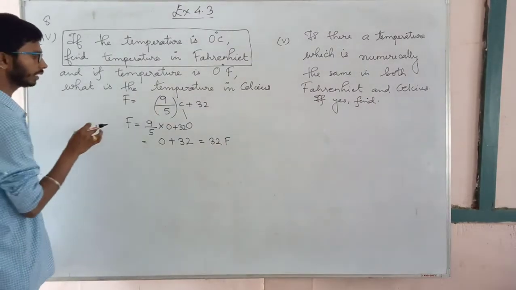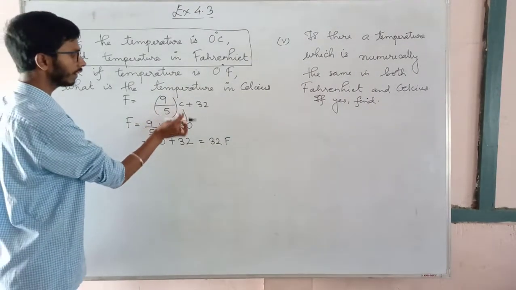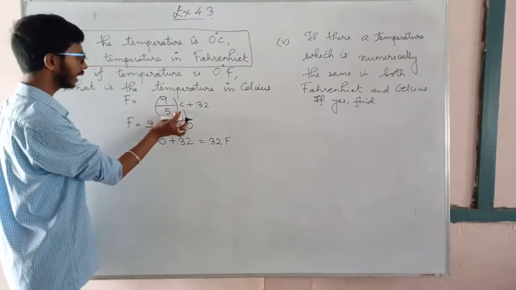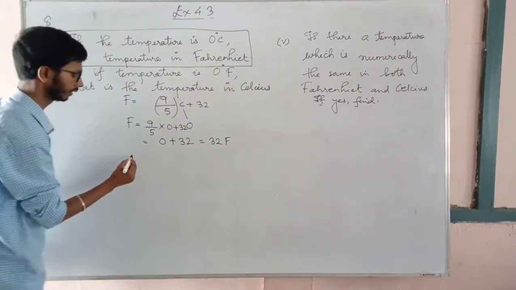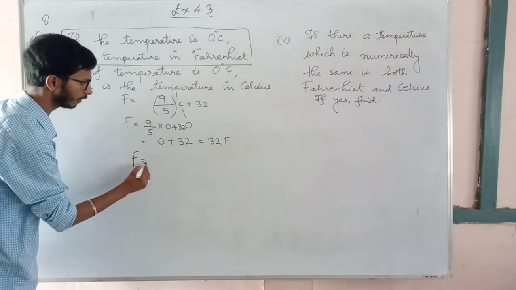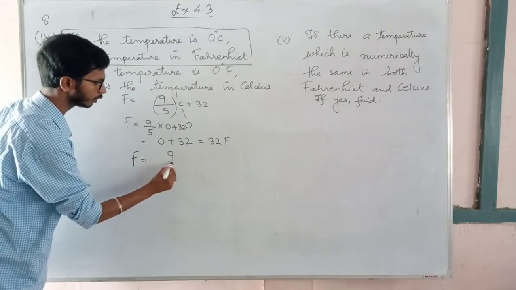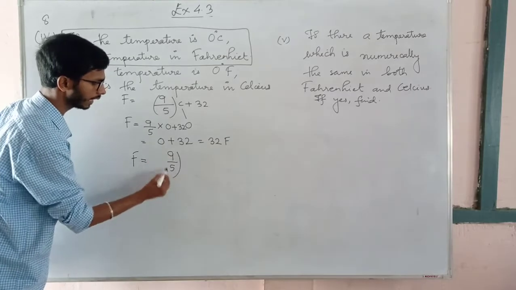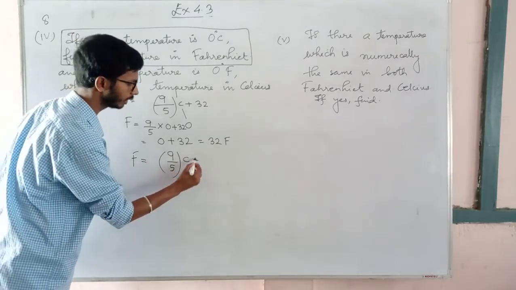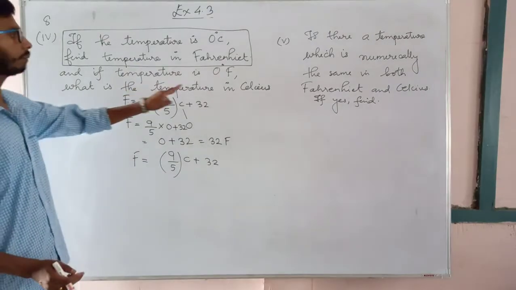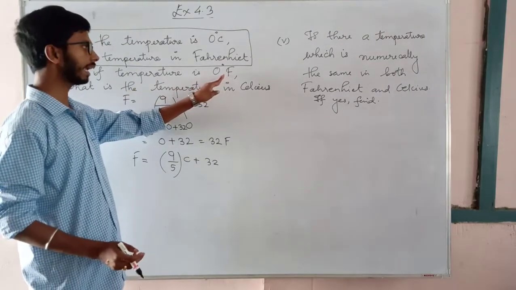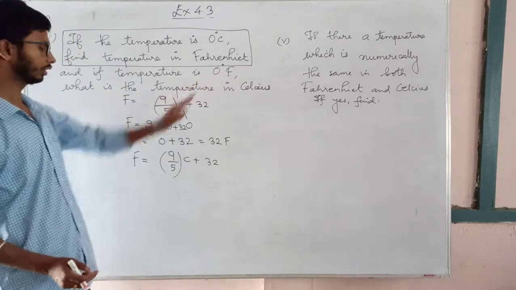Now in the second part of the question, the C value is not given to us. Now the value of F is given, that is 0 degree. So we will rewrite the formula once more: F equal to 9 by 5 into C plus 32. So now the temperature in Fahrenheit, that is the F value, is given. How much is it? 0.